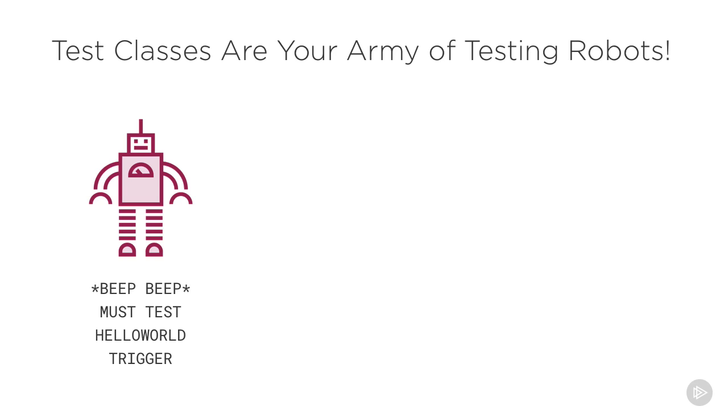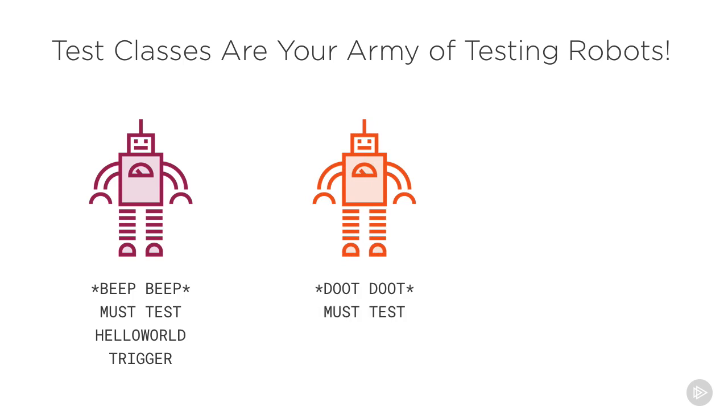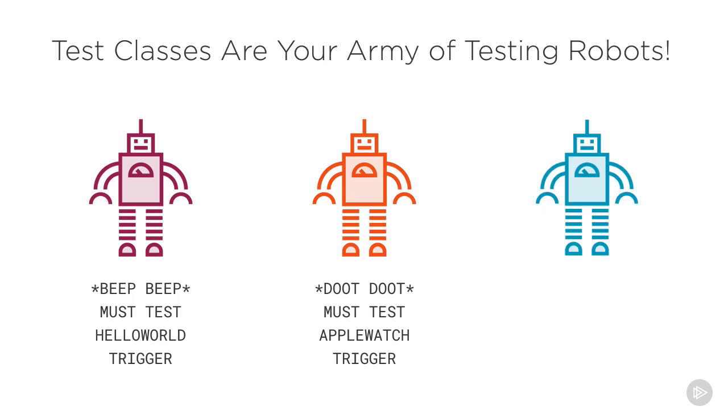And best of all, they'll never complain about how boring their job is, and they always execute with perfect, predictable accuracy. For each of our triggers, we can program its very own robot test class that'll create new records, run its trigger, and double check that it worked. 100% precision with zero drama. I only wish we could build an army of robots to do all the rest of our manual work in Salesforce. Oh, wait, that's why we're learning how to write triggers.